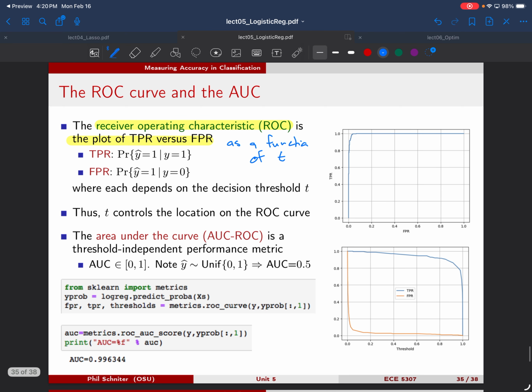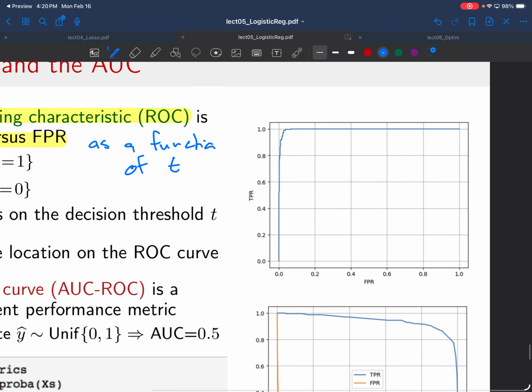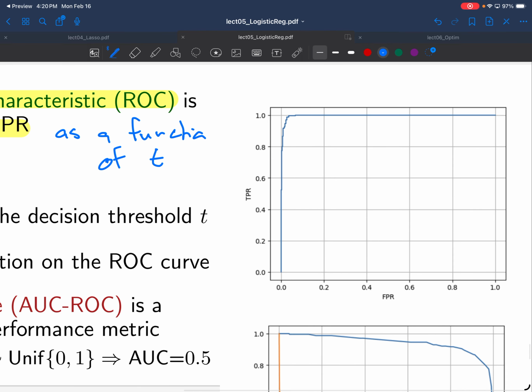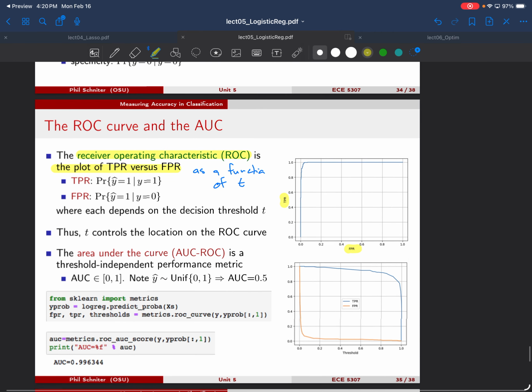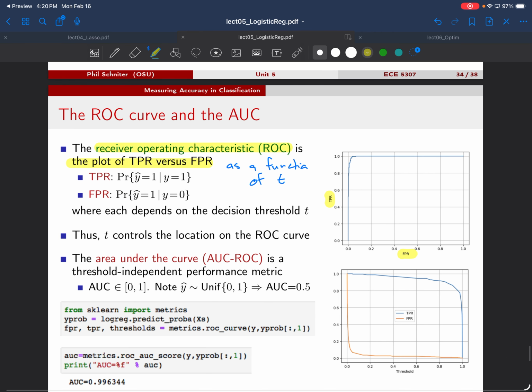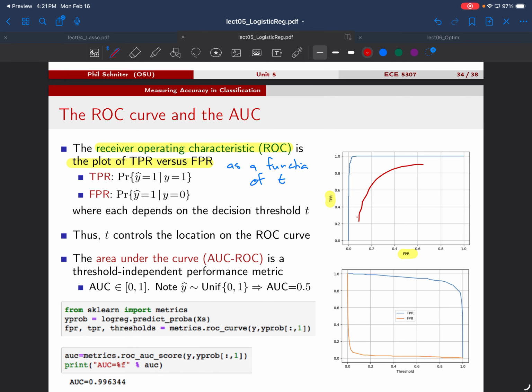Okay, so here's the plot here, and you can see we're plotting true positive rate, false positive rate, and as you change T, from what I remember, it is this way, larger T. As you change T, where you are on this curve changes.